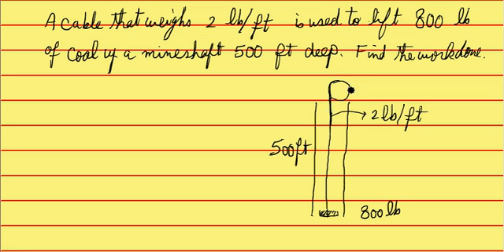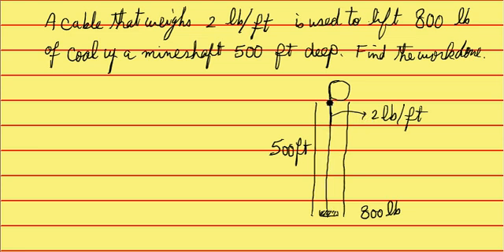as that cable goes on this spindle or whatever it is, you have to encounter less and less of it. As you lift this, you need to apply less and less force to pull the coal up. When this is all the way at the bottom, you have to counter 800 pounds of coal plus 500 feet times 2 pounds per foot, which makes it 1,000 pounds of the cable itself.